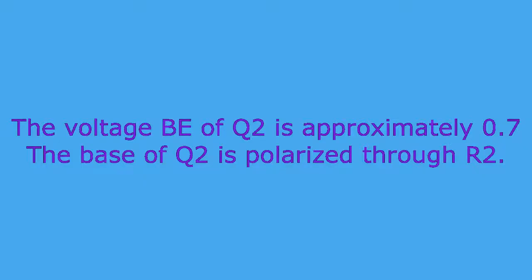The voltage VE of Q2 is approximately 0.7, while the voltage at the base is below that value, so it will not conduct. The base of Q2 is polarized through R2.